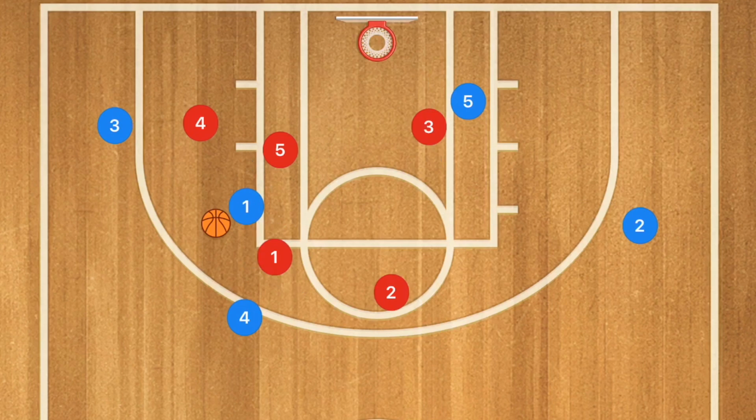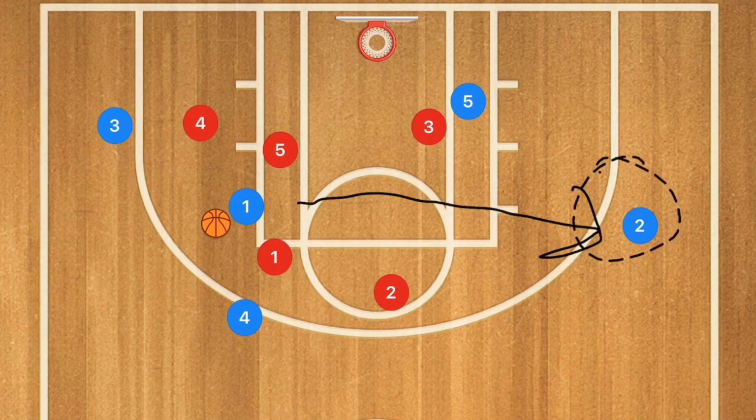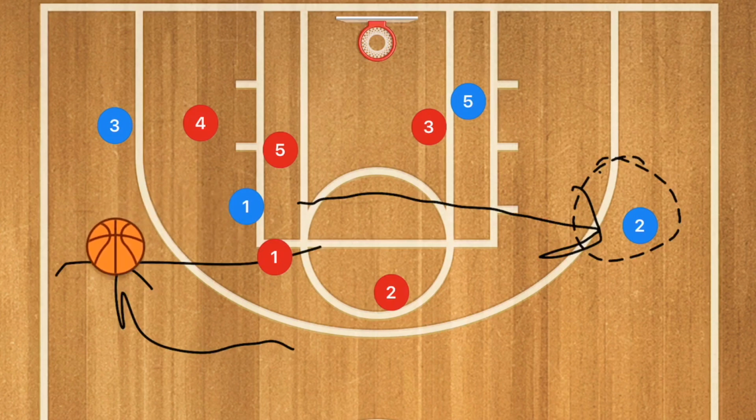Now, player 1 has a possible open lane to player 2 if the zone defense was able to play strong zone like we see right here. We do have an outlet to player 2, and we may even have player 4 move over towards this free throw line extended to be the outlet pass, or at least the escape pass, for player 1.